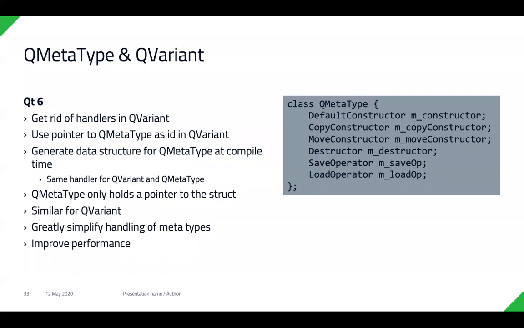And we're then using the meta type as an ID in QVariant. The data structures for QMetaType are generated at compile time, and the meta type only holds a pointer to the struct you can see on the right-hand side. This simplifies our handling and improves performance.